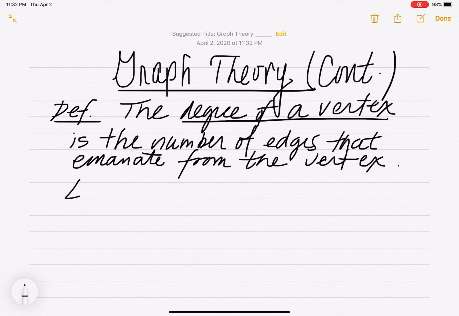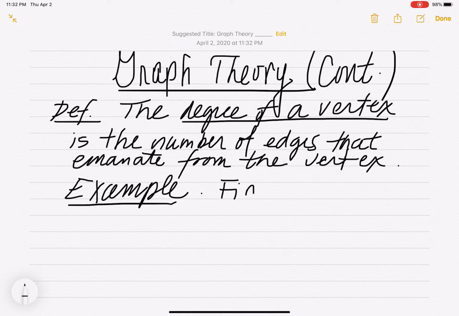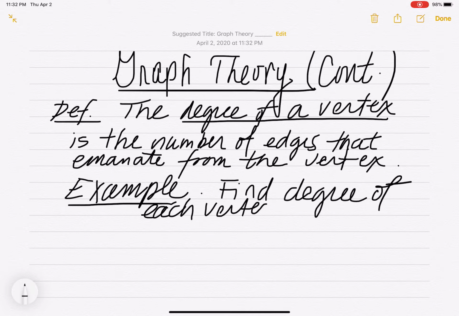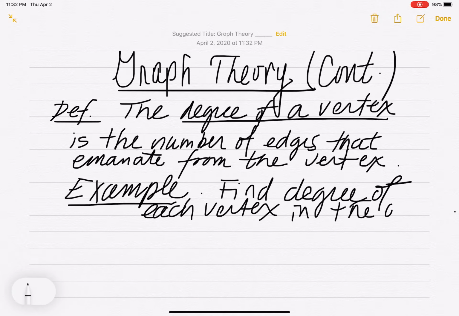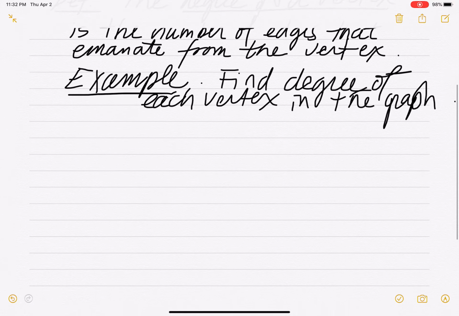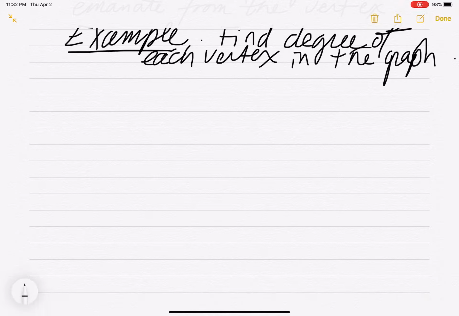So, example. Let's find the degree of each vertex in the graph. Okay, so here's a picture of a graph.